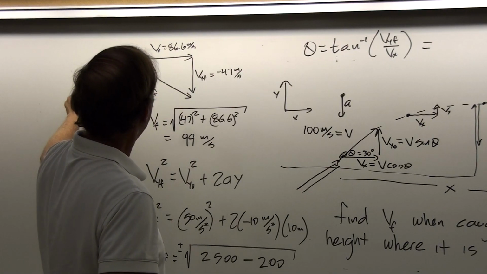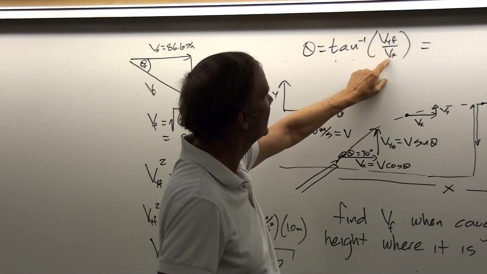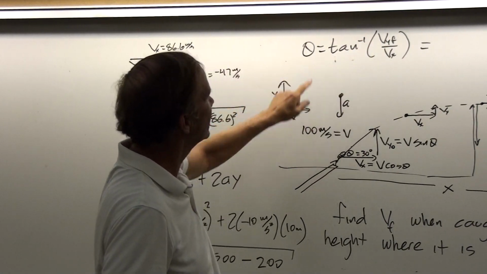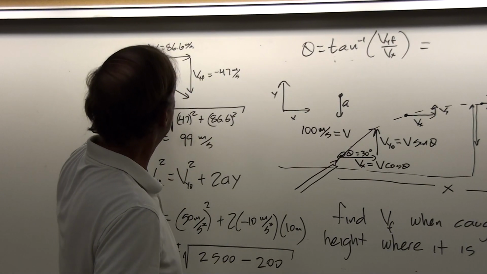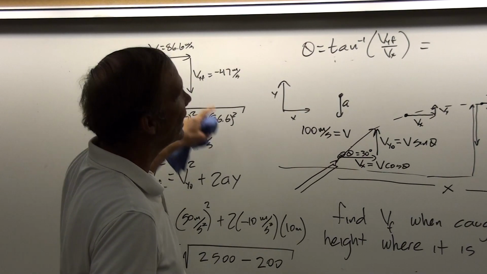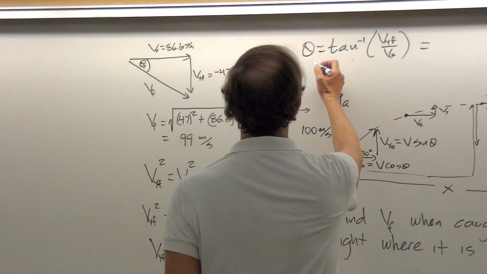So it's positive in the third quadrant, it's negative in the fourth quadrant. So if you plug this in as a negative value, you'll get a negative value for the angle. Or you can just keep this positive and realize that you're measuring the angle from the horizontal, and that's also acceptable. So that's the way I'm going to do it here.